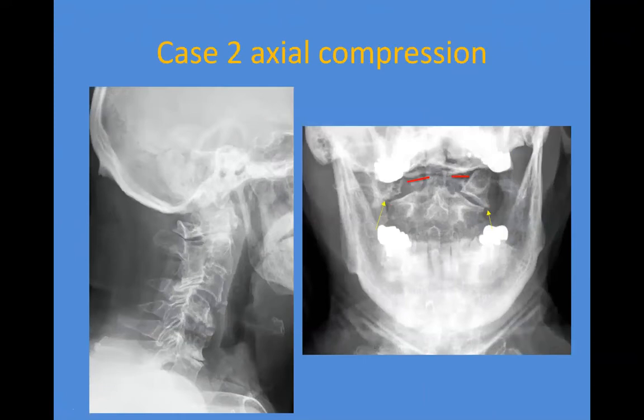You want to make sure for the adequacy of these films that the person's mouth is all the way open so that you can see the relation of the lateral masses to C2. And if their mouth is too closed, then you may need to repeat them, because if you have the teeth overlying this, then you're not going to see the step off of C1 to C2.